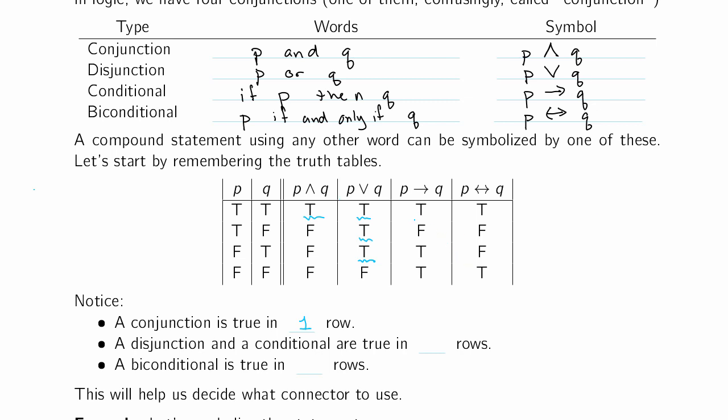And a conditional is true when the then part, the consequent, is true, or when the if part, the antecedent, is false. Both of those are true in 3 rows of the truth table. The biconditional, if and only if, well, that's true if both parts are true, or if both parts are false. That's true in 2 rows.